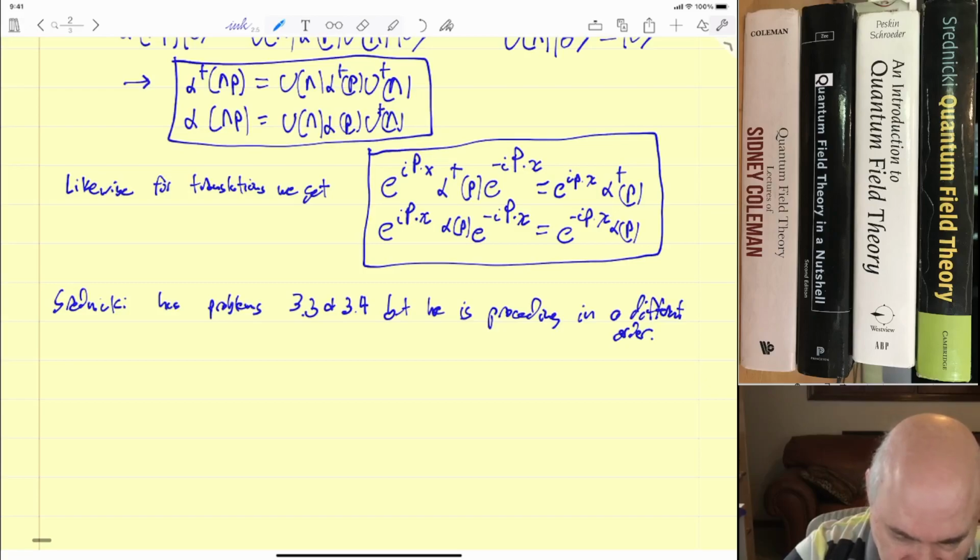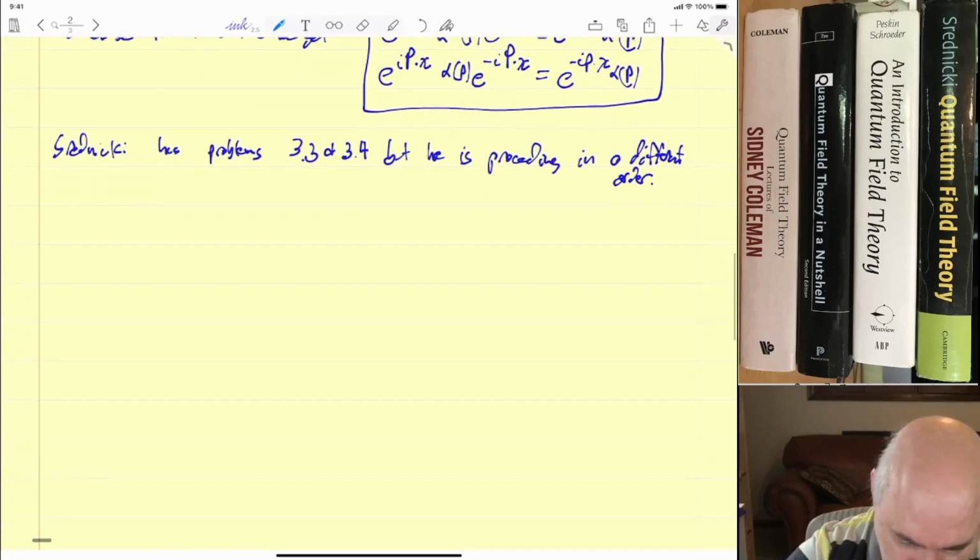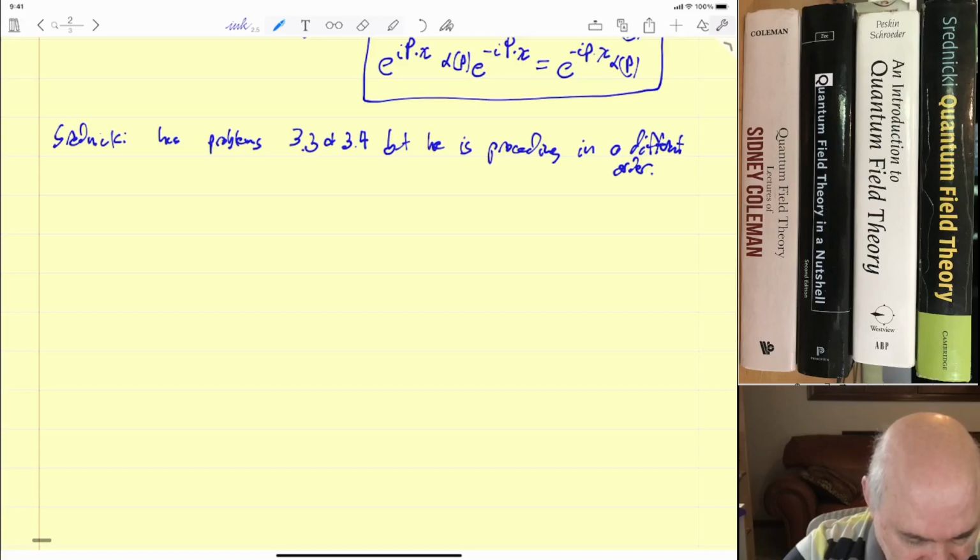Because he has the fields in terms of the operators, and he knows how the fields transform, so then he gets how the A's transform. But we don't have the fields yet, so we're proceeding in a different order. That's all.